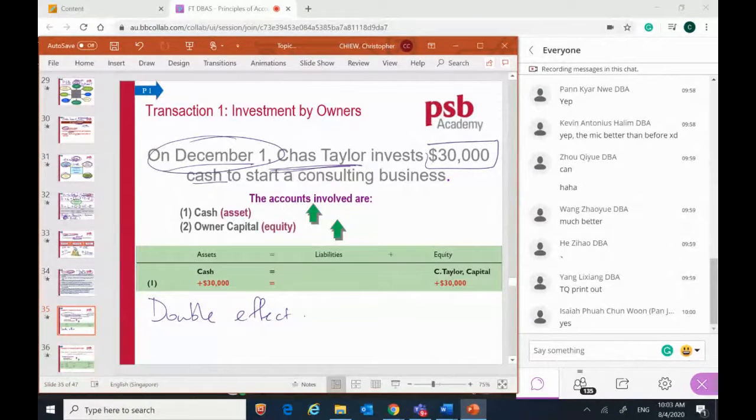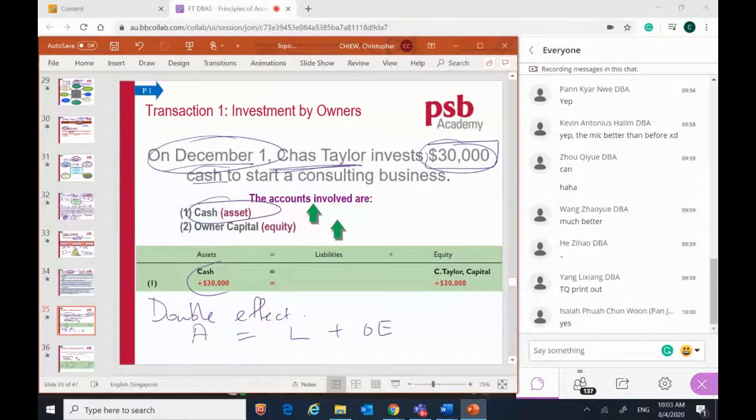Okay. The first impact is, now you must understand when we first started, the company has got nothing, no assets, no liability, no owner's equity, zero, nothing. But now that the owner brings in $30,000 cash, the cash will go up.